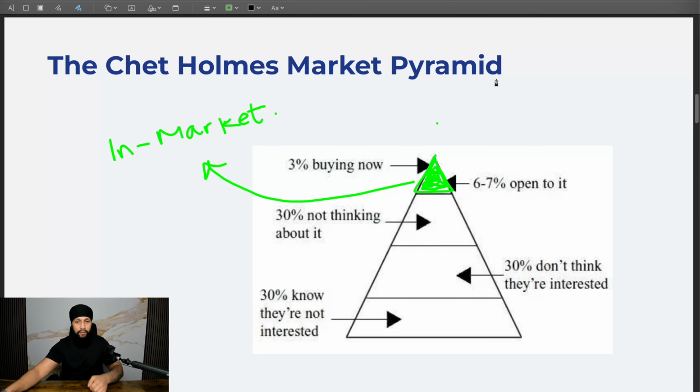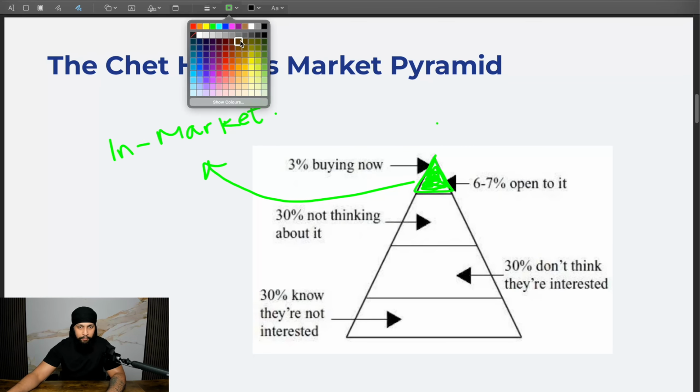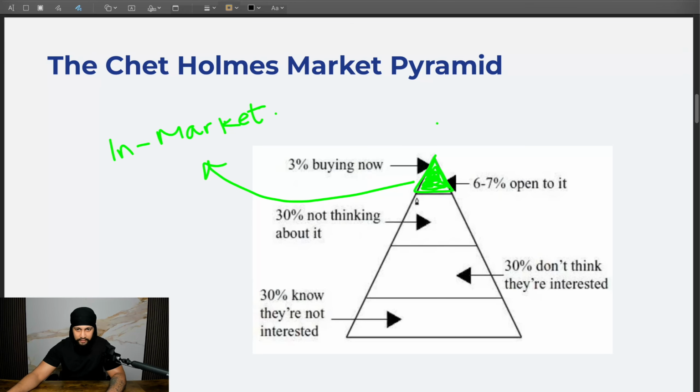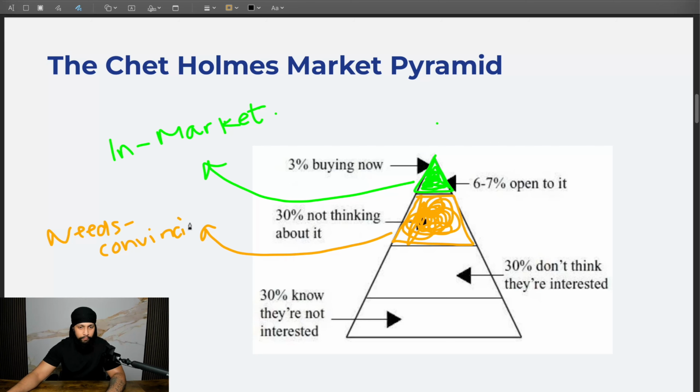Okay, the next segment of people, we're going to call these the needs convincing people, right over here. Okay, these people, they're not entirely sold, but they just need a little bit of convincing before they make a purchase off of you.